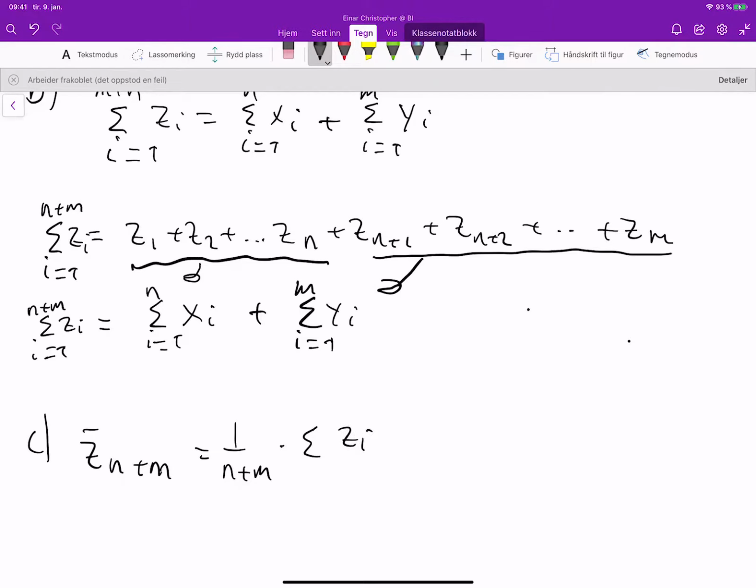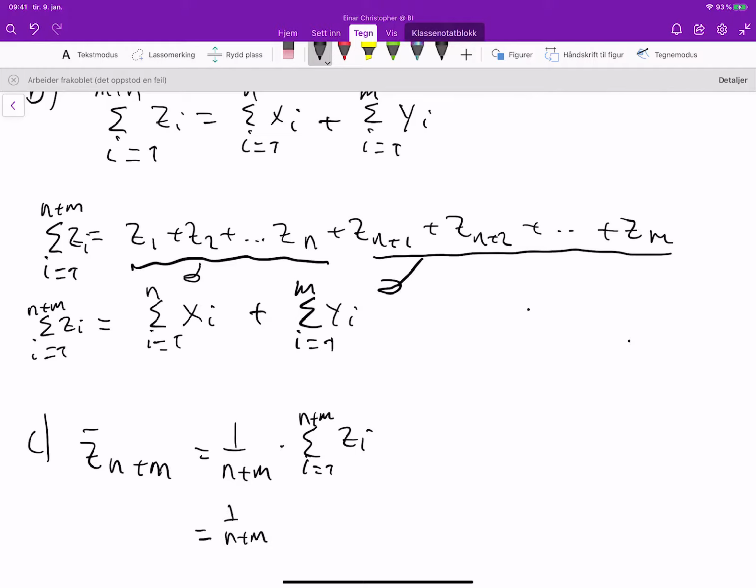So we sum all the sets and divide by how many sets there are, and it's actually n plus m. But now we know that this can be written as 1 divided by n plus m.